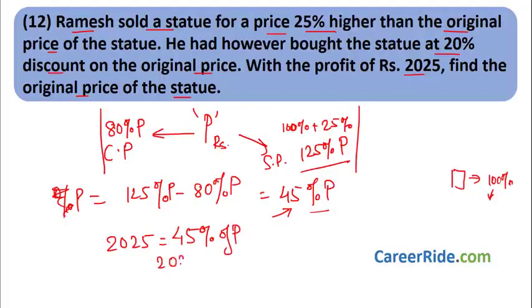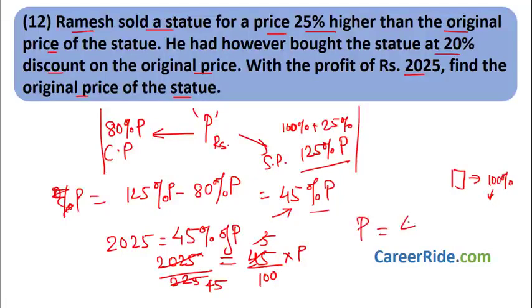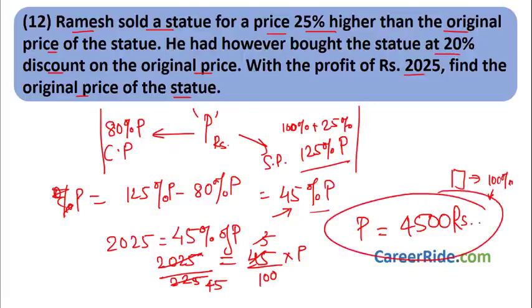What do we get? 2025 equals 45 upon 100 multiplied by P. So P would be equal to 2025 times 100 divided by 45, that is 4,500 rupees. This is the original price of the statue.